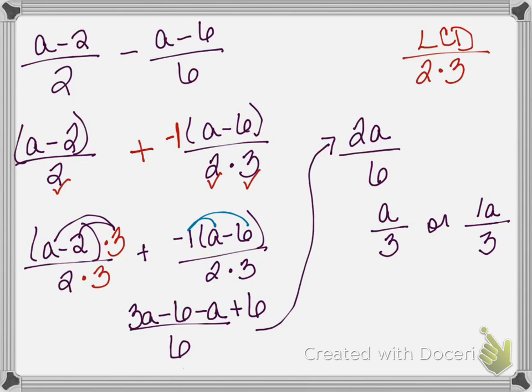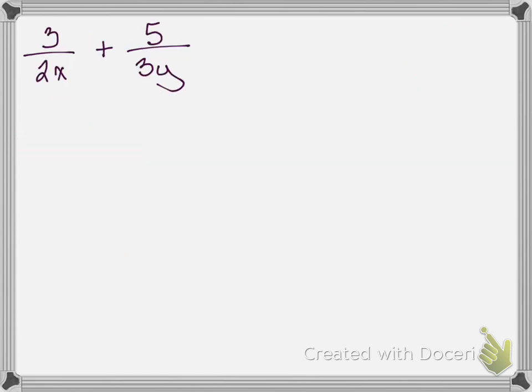Okay, now our next problem really shows why it is so important to break down your denominator. Can I go to the next screen? Good. Okay. 3 over 2x plus 5 over 3y.